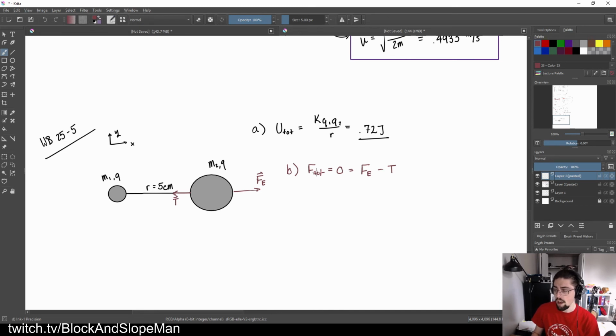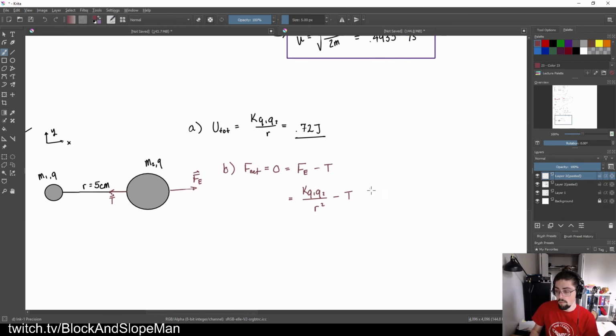But anyways, this is one that we could actually have done with just our chapter 22 stuff, right? K, Q1, Q2 over R squared minus T is equal to 0. Rearrange it. It's a slick trick here to make this even faster if I really wanted to. I already solved out for K, Q1, Q2 over R. Divide that value by R one more time.